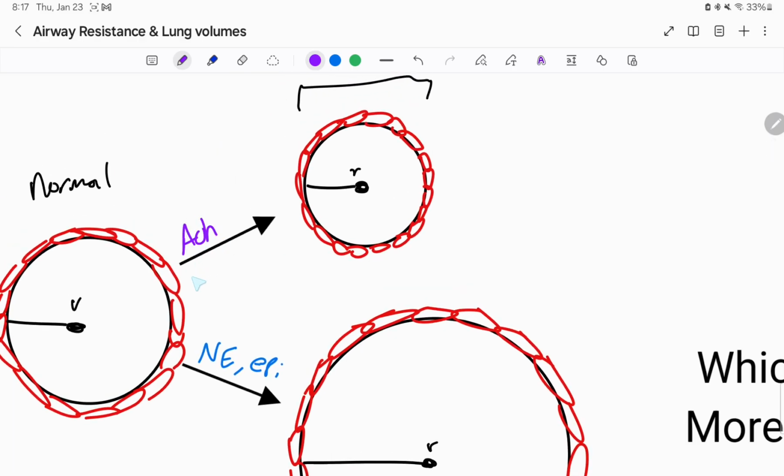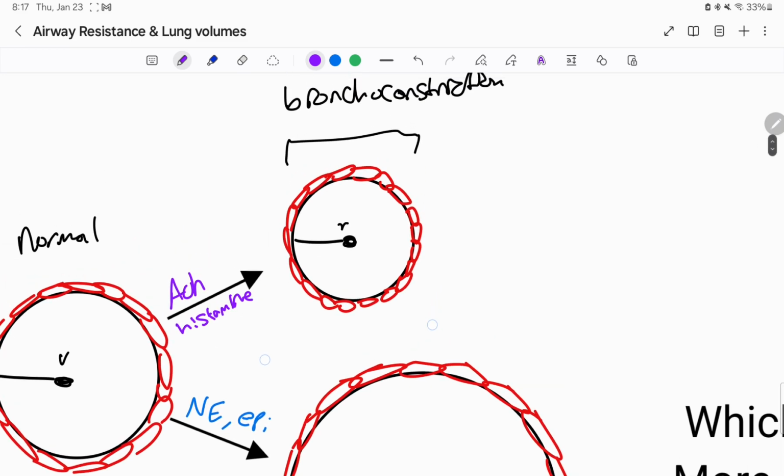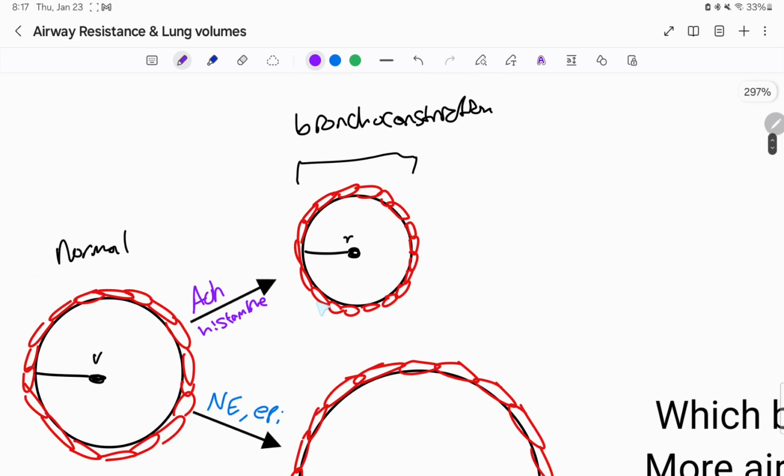And you guys remember we said that histamine released in certain times of inflammatory situations, like for example an allergy, or allergic reaction, can also play a role here. So histamine actually causes a bronchoconstriction. So these smooth muscle cells, guys, they're going to react to the presence of histamine and they're going to contract.